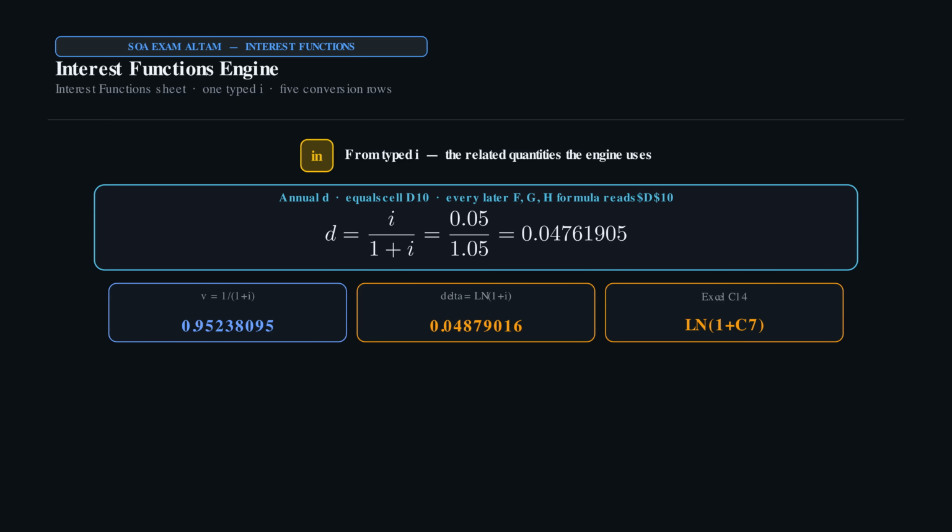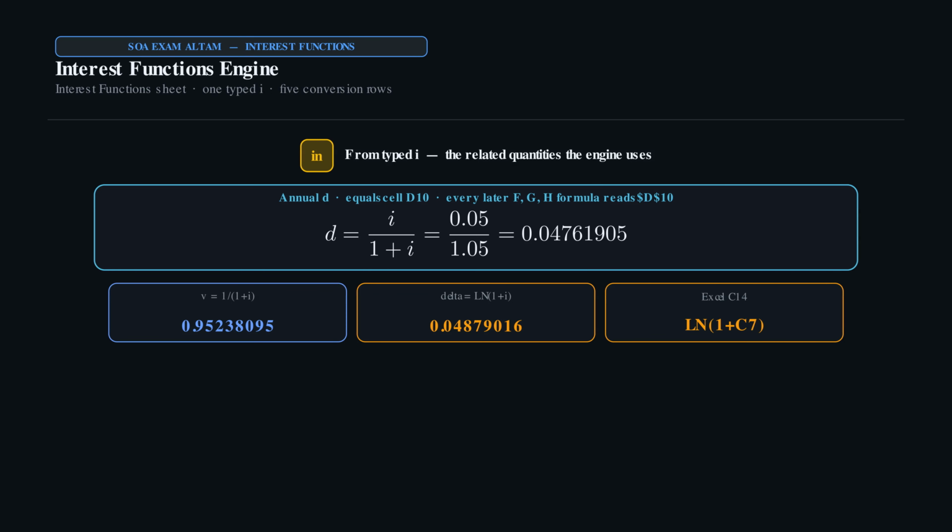From I equals 0.05, annual D is I over 1 plus I, which is 0.0476195. That is exactly cell D10, and every later ratio and Woolhouse formula locks onto that cell as annual D. V is 1 over 1.05, 0.95238095 from the identity card.